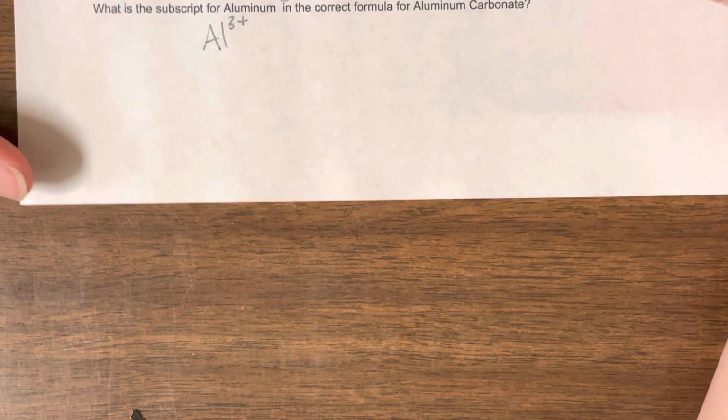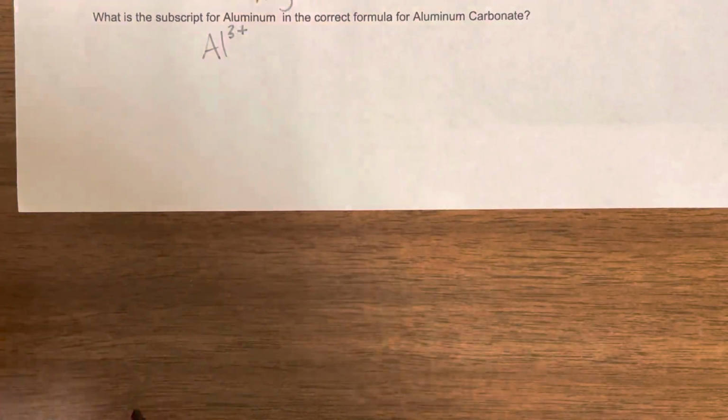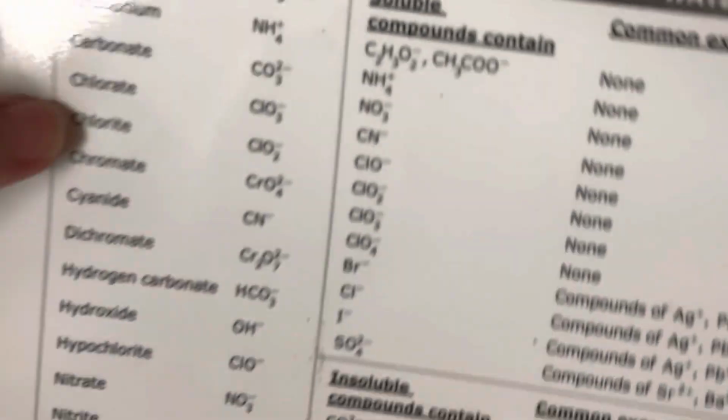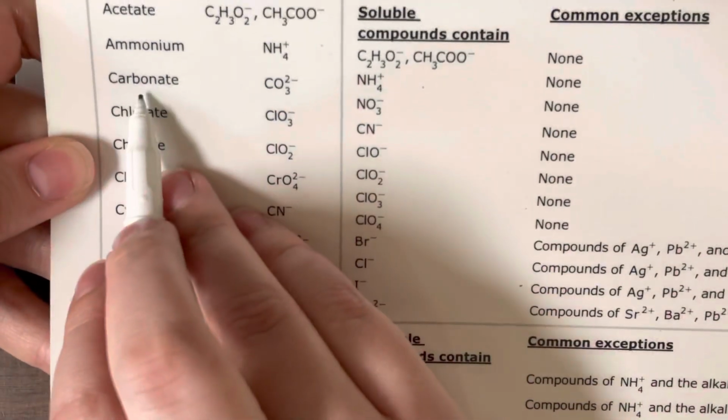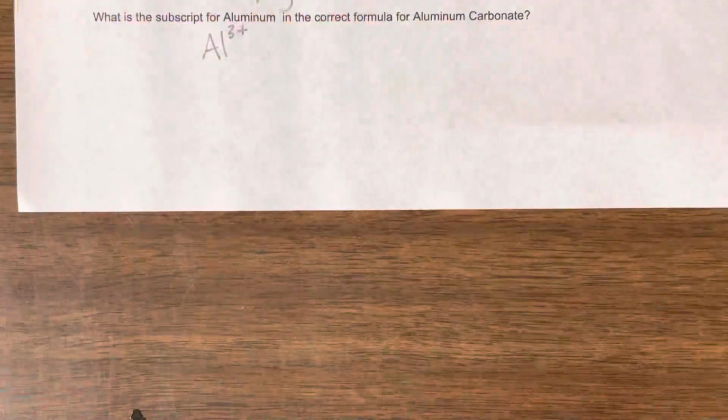Then I need to figure out who carbonate is. The -ate gives me a hint that this is a polyatomic ion, so I'm going to look on the inside of my periodic table and I'm going to find carbonate. Carbonate has the formula CO3 with a charge of -2.